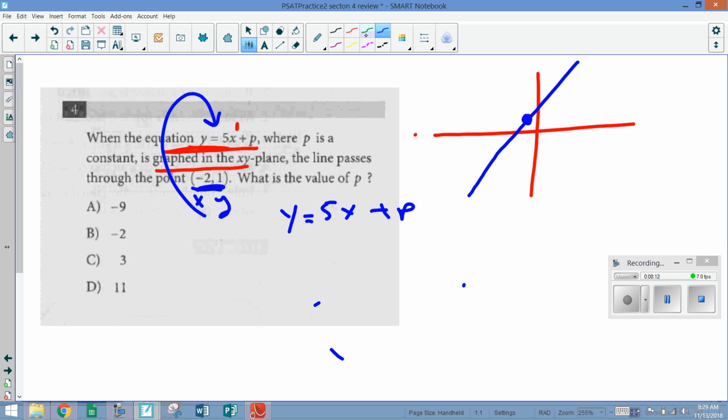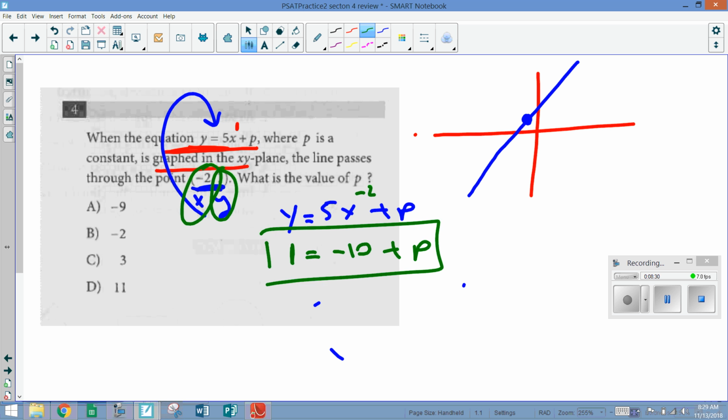Let's do that. X equals -2, y equals 1. -2 times 5 is equal to -10 plus p. Now look at that. One equation, one variable, so we can solve it. We add 10 to both sides, and p is going to be plus, right?